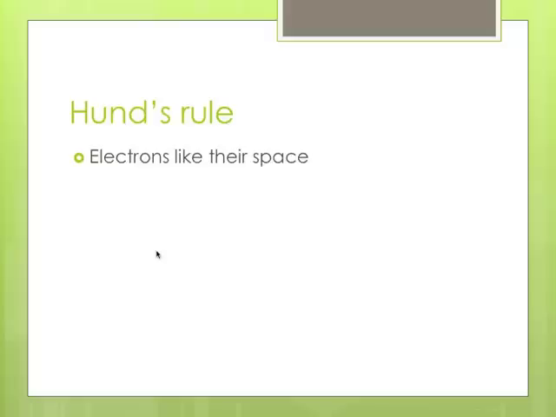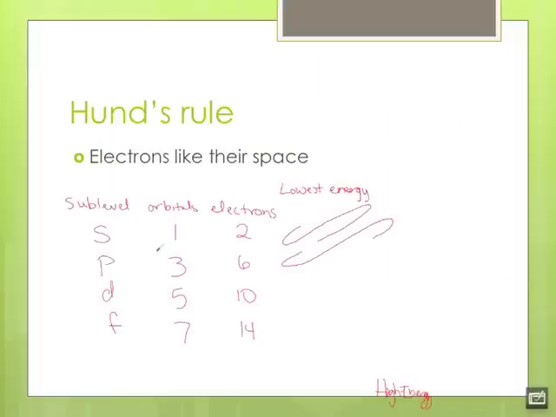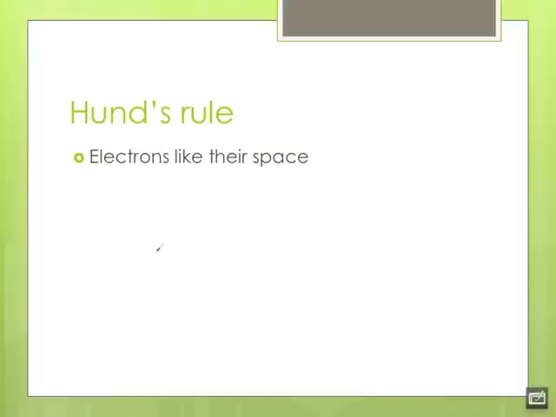The next rule we've been following but not calling it that is Hund's rule. And what this works out to be is that electrons like their space. Electrons are negatively charged, so they want to spread out as much as possible. So if they have the option to not pair, they're going to not pair.